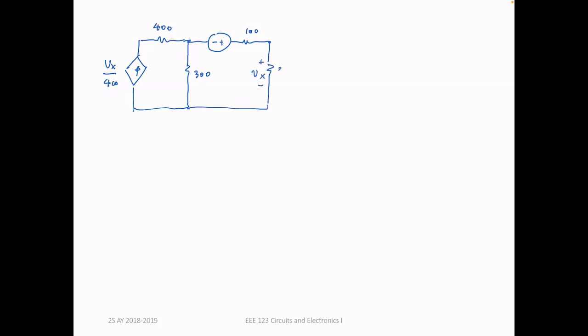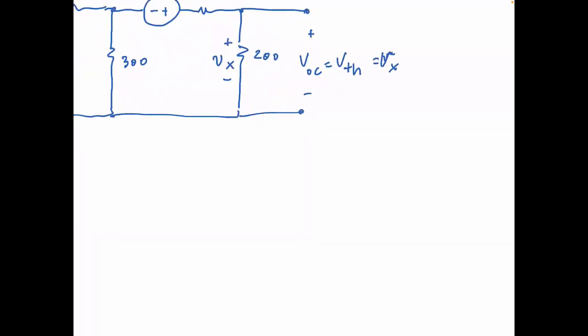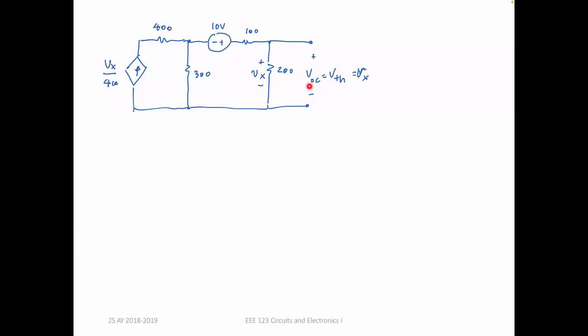The total is 200. So this is my Thevenin voltage. Now this is my open circuit voltage, which is equal to my Thevenin voltage. But this is 10 volts. That's 10 volts. So how do I compute for my Thevenin voltage? By the way, this is also equal to V sub x. If you take a look, my open circuit voltage is equal to my Thevenin voltage is equal to V sub x.